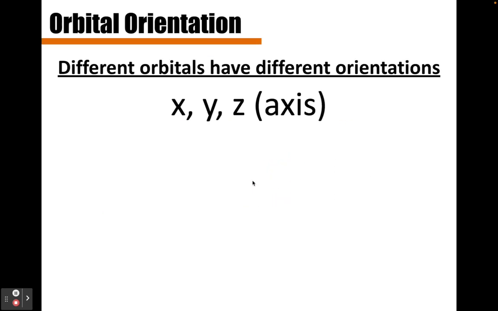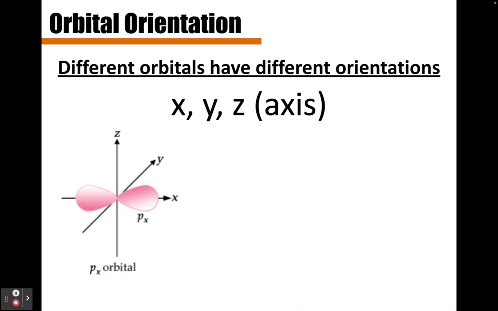And so when we're talking about orbital orientation, different orbitals have different orientations, as we said. So we have the XYZ axes, and we can identify orbitals based upon their orientation. So again, the PX orbital is oriented along the X axis, so we call it the PX orbital. And then the PY orbital is oriented along the Y axis, so we call that the PY orbital.